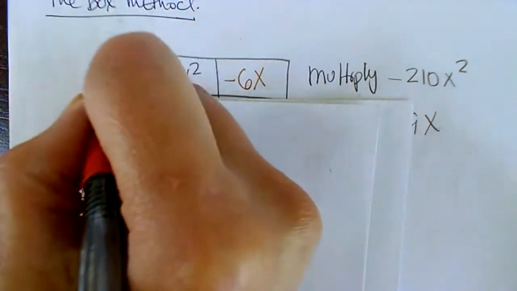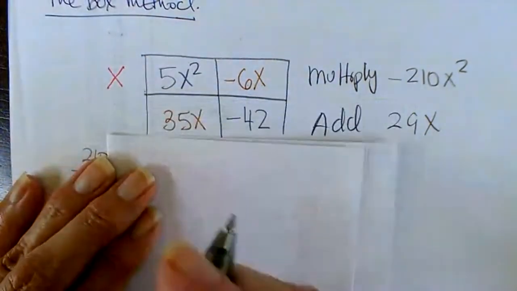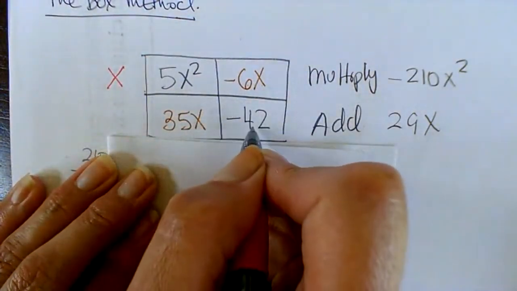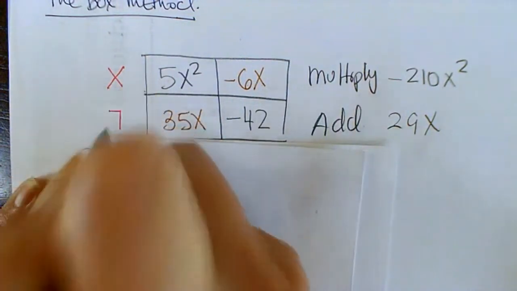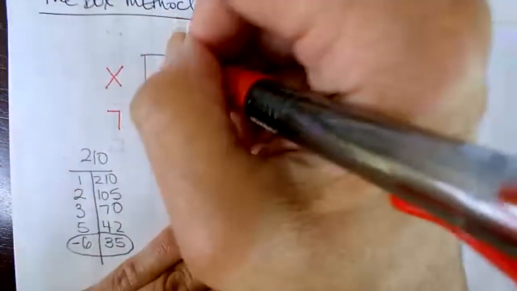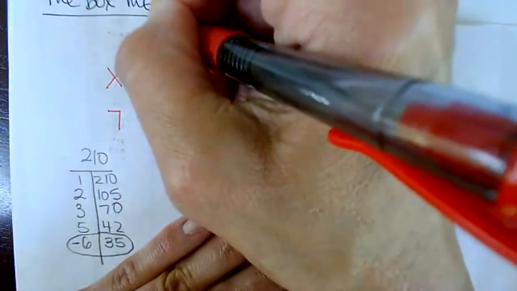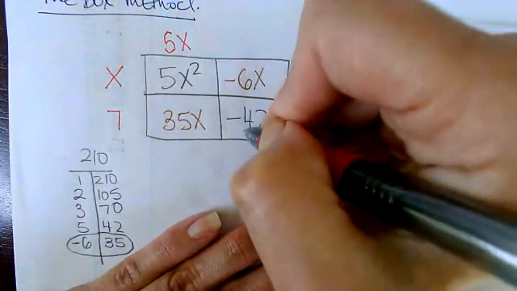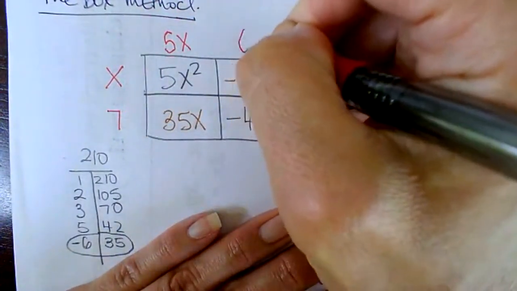Just the x. And what do we have in common here? 7 times 5 and 7 times 6. So it's going to be a 7. What do I have in common here? A 5 and an x, right? And here I have a 6.